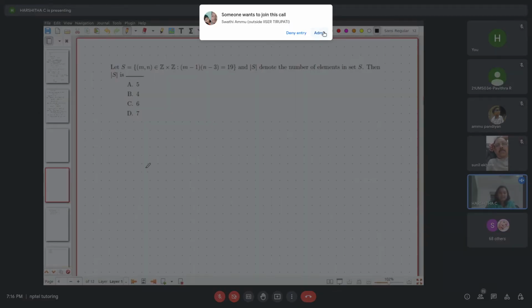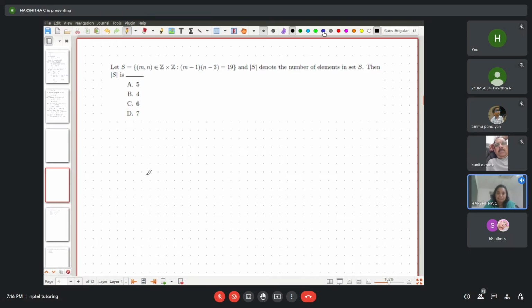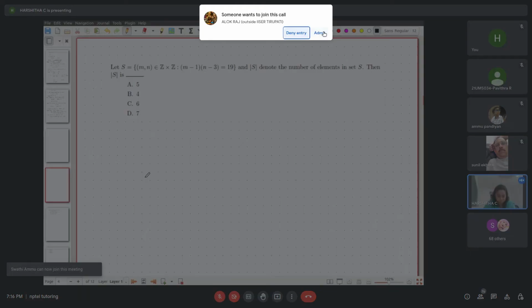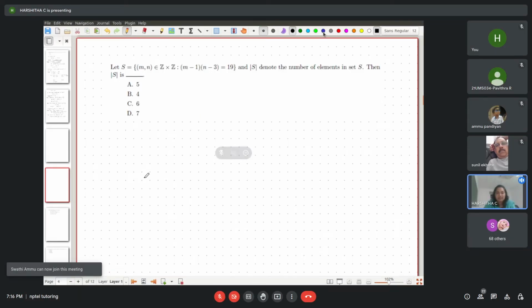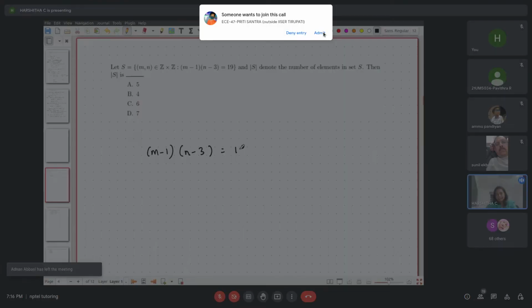Okay, let's look at this question. We have the set S, the set of all (m, n) in Z cross Z such that (m minus 1) into (n minus 3) equals 90.